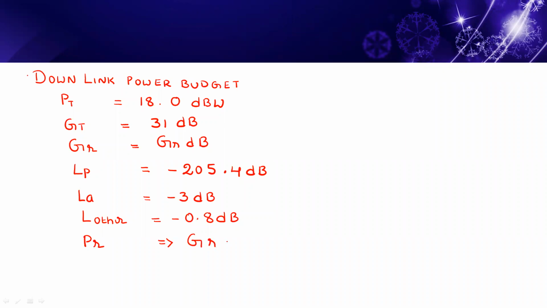So GR minus 162. This is the actual required power at the earth station to meet C/N downlink. What is our required C/N once again? Our required C/N equals 17.2 dB.